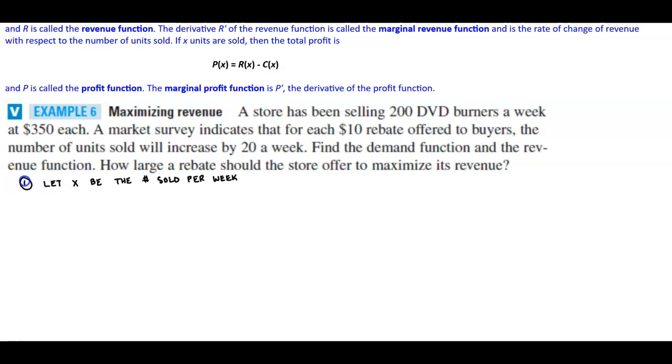Therefore, we would say that x minus 200, since that's 200 DVDs, is equal to the weekly increase in sales.